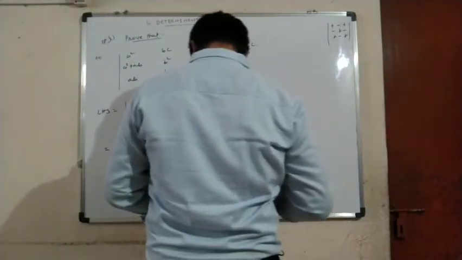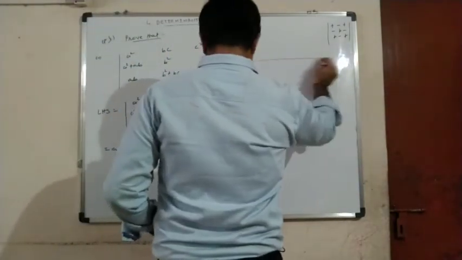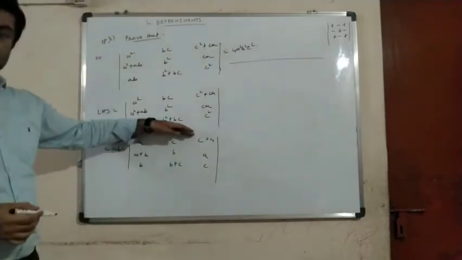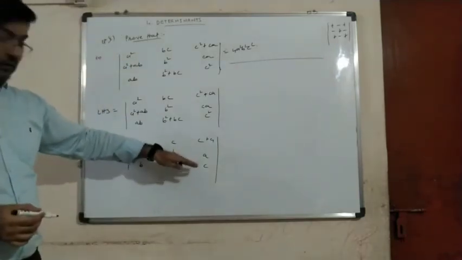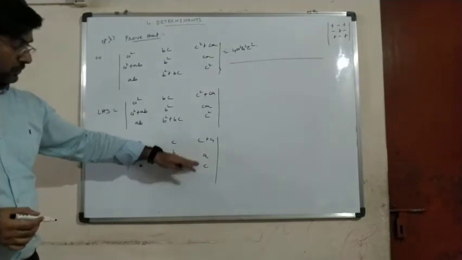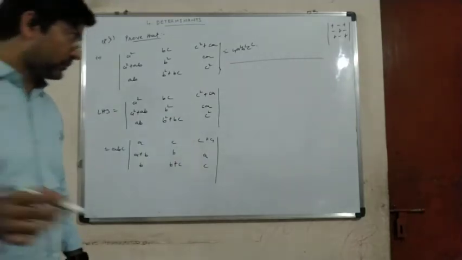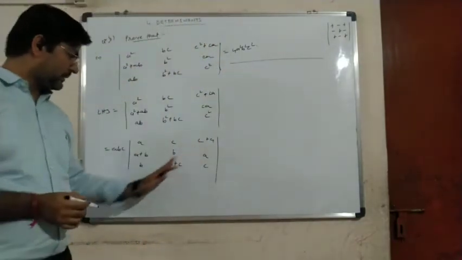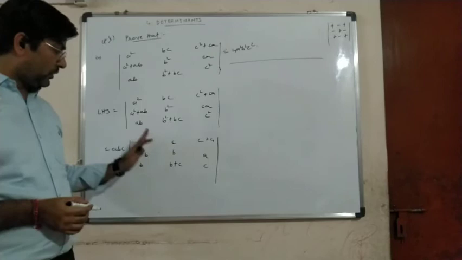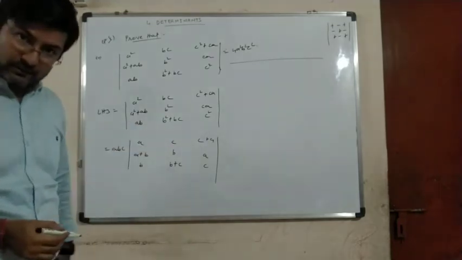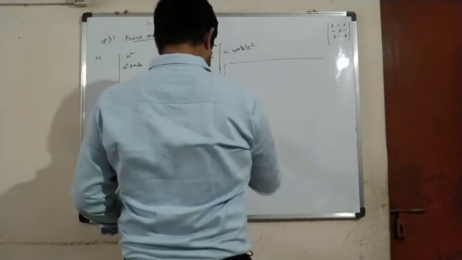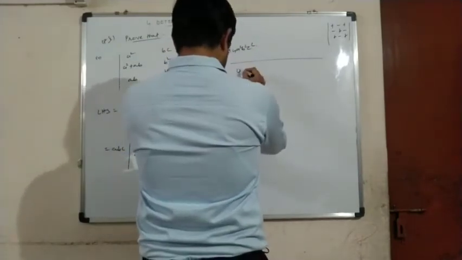Okay, so on C3, even on R1 also you can do. Okay, how? So R2 plus R3 minus R1 also you can do. So you can subtract anyway, either on C3 minus C1 plus C2, or on R1 minus R2 plus R3. Okay, so let us do that. Now if you want to do, let us take on R1 only.